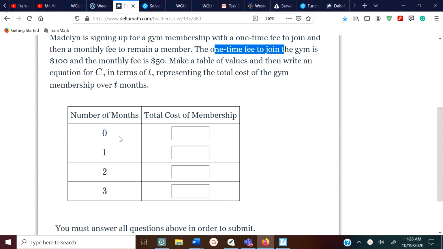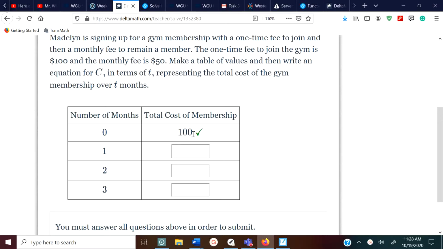So at 0 months, you're already at $100. So you just type that in. All right. So then the next thing you want to do is, okay, how much money have you spent after 1 month? So the next month is another $50 added on to that 100. So you got 100 plus 50, which would be 150.